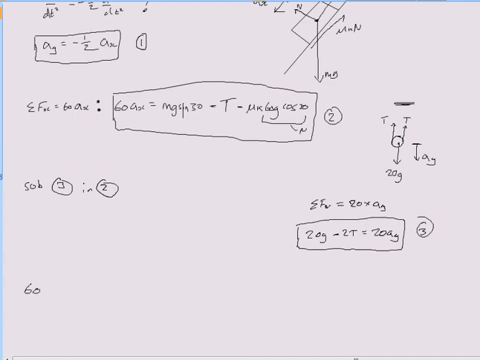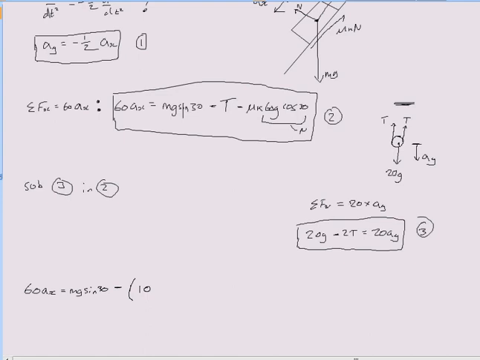60 ax is equal to mg sine 30 minus T, and we know T is going to be equal to whatever this is when T is the subject. It's going to be equal to, let's see, T over there divided by 2.